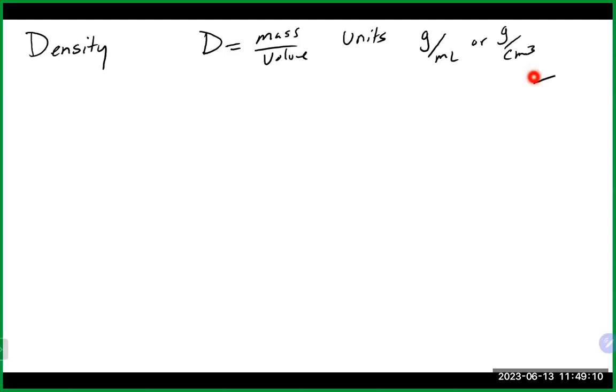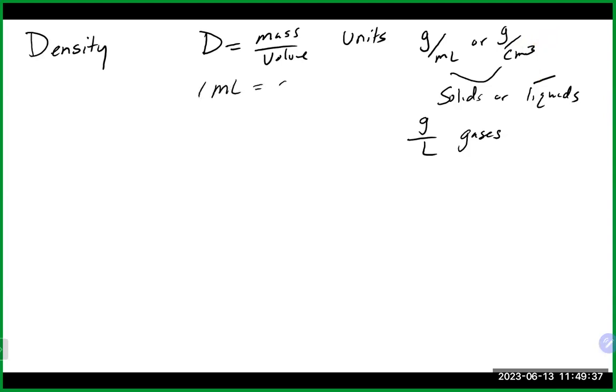Those are the typical units that you find for solids or liquids. For gases, as we will see when we get to the gas chapter, a lot of times density is given in grams per liter. So when we get to gases, that's the typical unit that you see. Once again, that conversion we just saw: 1 milliliter is the same as 1 cubic centimeter.